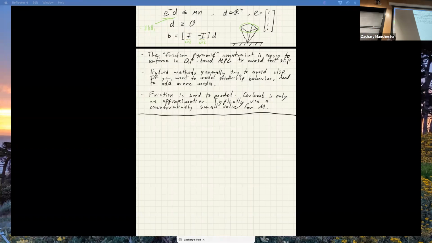Change your reference direction. You could imagine trying to adapt that, but practically speaking, usually when people are using this, you don't want to slip, right? You're using it as a conservative inner approximation to say, stay strictly in the interior and don't ever get to the edge.